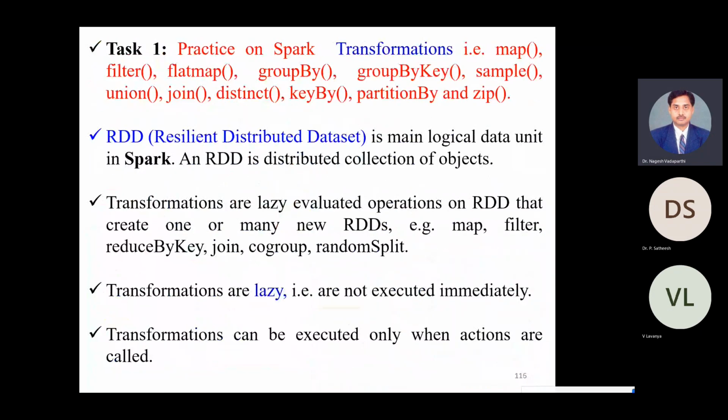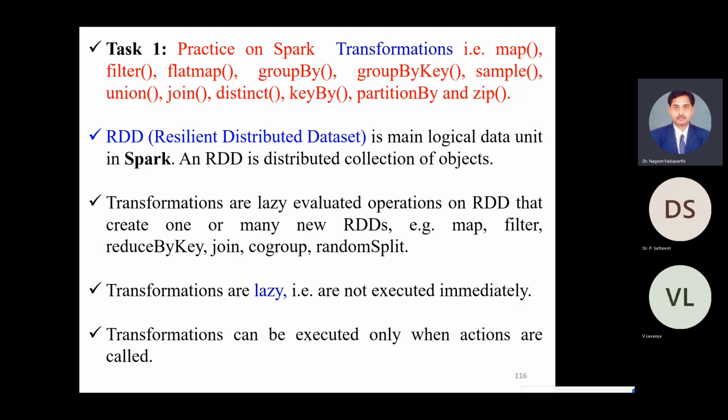I'm going to demonstrate now: map, filter, flat map, group by, group by key, sample, union, join, distinct, key by, partition by, and zip. Now I'm going to demonstrate each one.